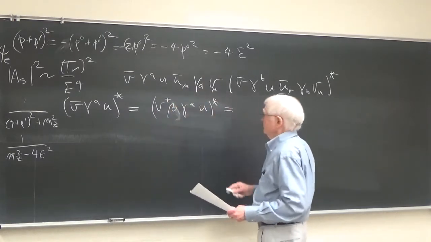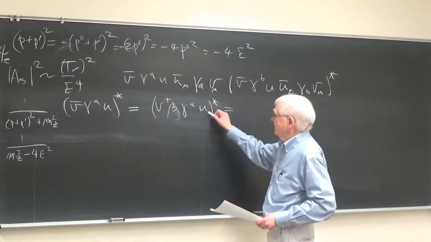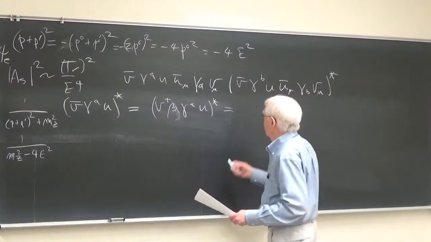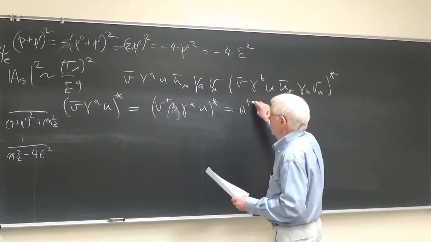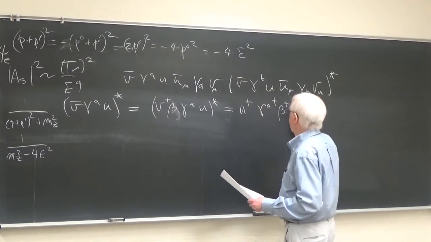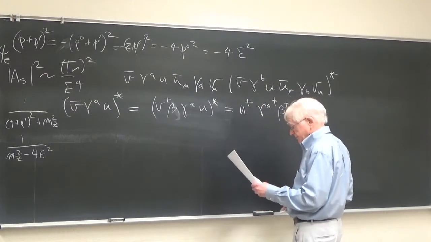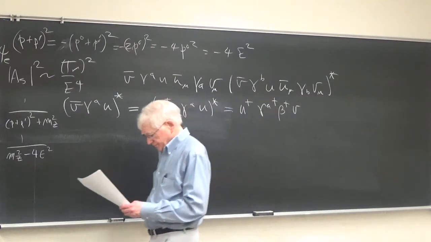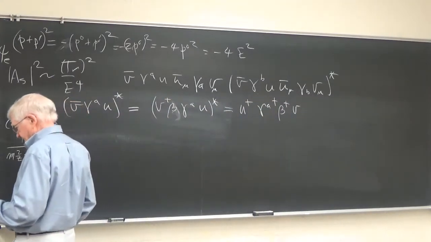These are vectors, these are matrices, and that's a vector. So this is U dagger gamma A dagger beta dagger V. But what is beta?